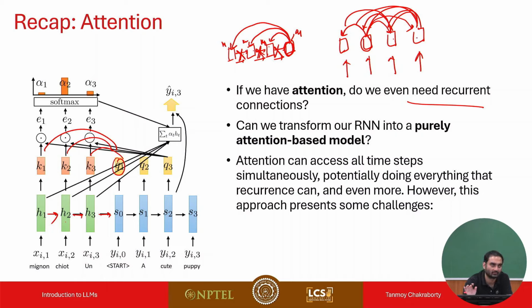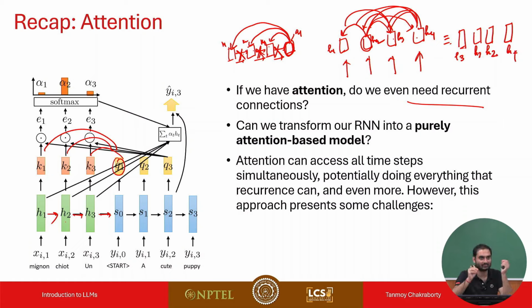But here's a problem. What is the problem? When you discard these recurrent links, you basically lose the information of the sequence, right? Now think about it. This is H1, H2, H3 and H4. You do all these attentions independently, right? So this is equivalent to another network where this is H3, this is H1, this is H2, and this is H4.